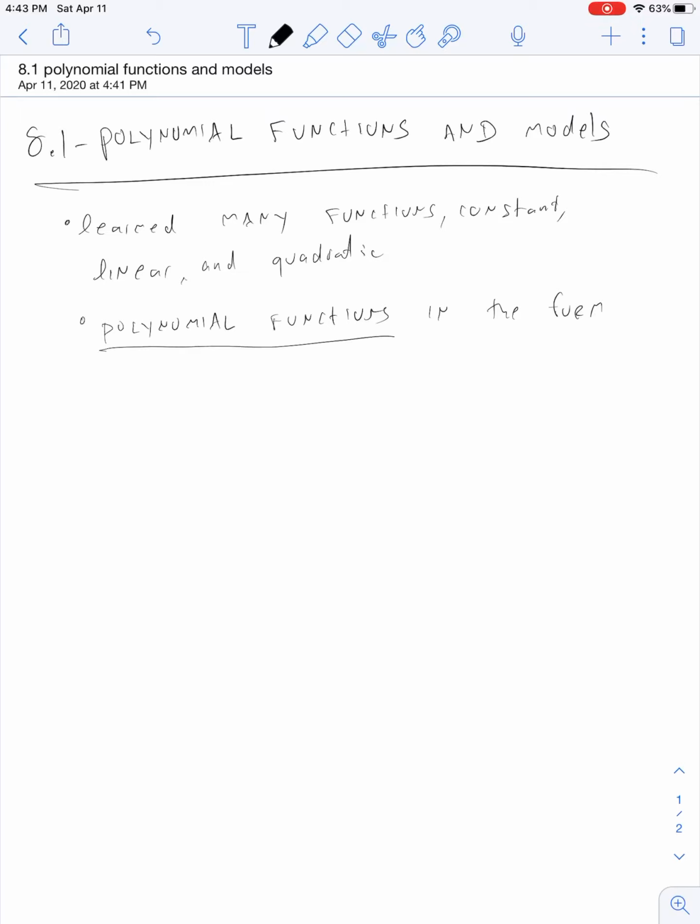These polynomial functions are in the form of, we can say, a function f of x, maybe something like ax to the power of n, where a is just a real number and n is a positive integer.